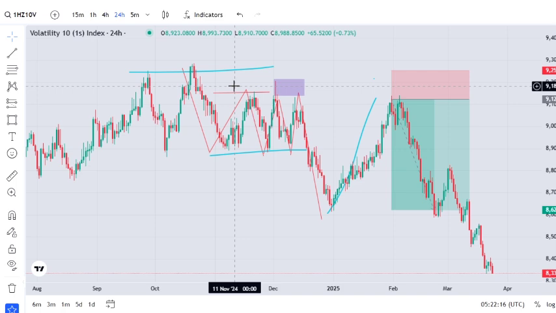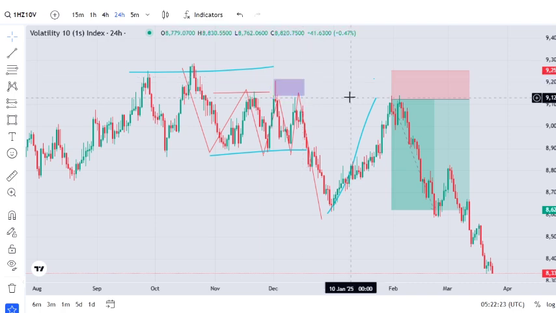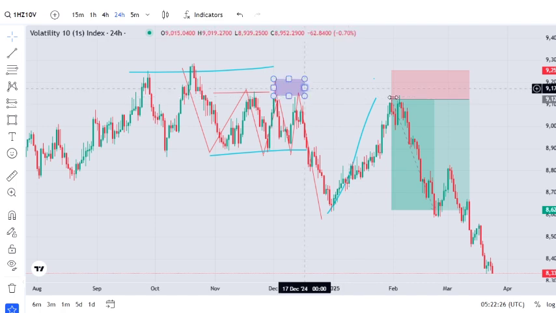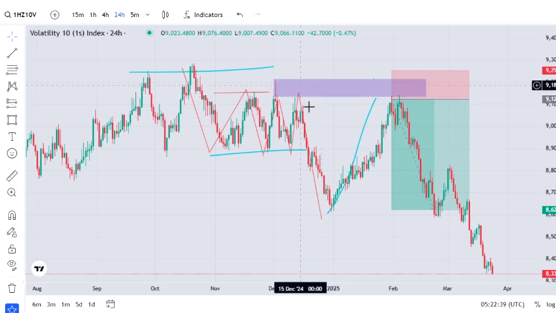For example, once the market cleared the highs, it came back to this place where there's been a liquidity grab. There's also an unmitigated order block here, in front of the place where it recorded a liquidity grab. There's an order block here, and it came to fill that order block in.